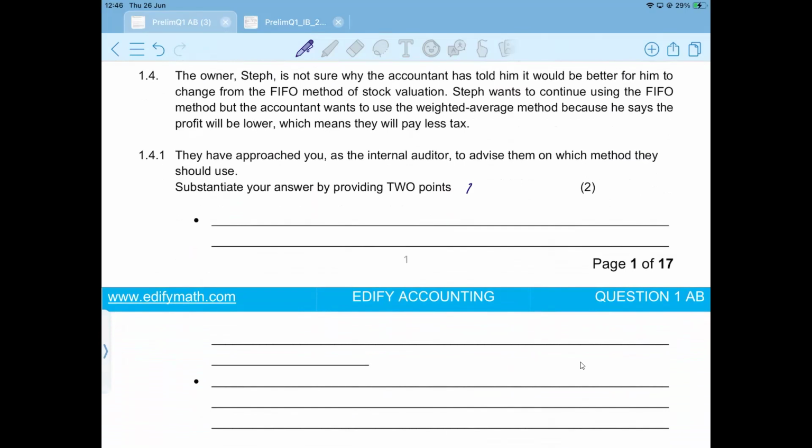Well, for me, I think they still need to continue using first in, first out method. What I like about this method is that your closing stock is valued at the most recent prices.